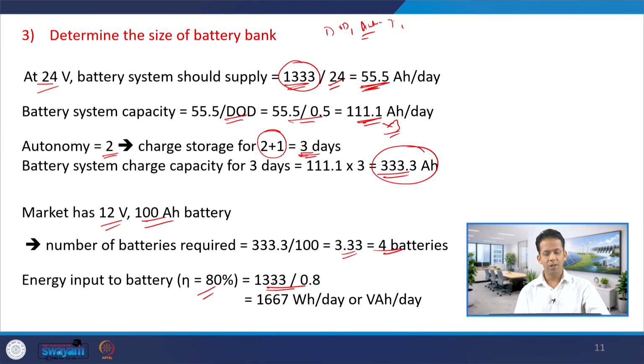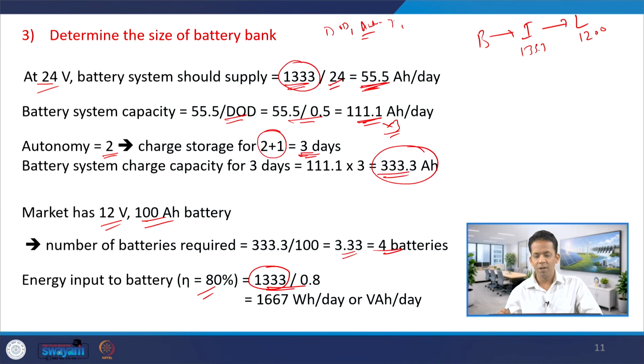So 1333, this is what battery has to supply to the inverter, okay, because this is the energy input going to the inverter, right. So here is the battery, here is the inverter, and here is the load. So load is 1200, inverter is receiving 1333 and giving 1200 because of its efficiency of 90%.